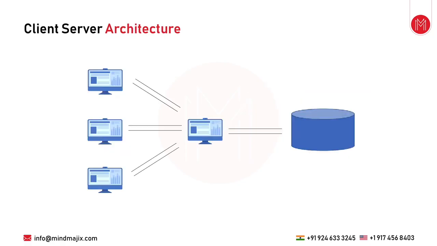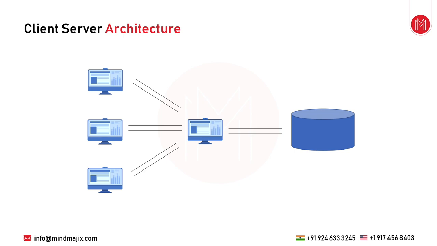A client server architecture can be best explained by this particular image, where you can see three client systems on the left hand side, or you can consider them as the end user systems, and the system which is in between can be considered as a network system which is interacting with the database. Now let's understand this client server architecture with the help of a very simple example.